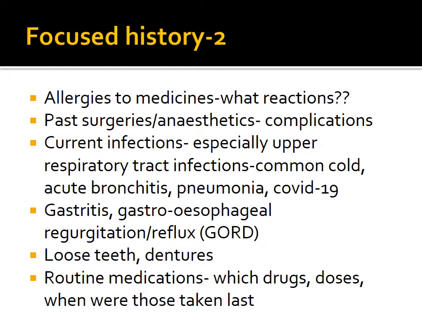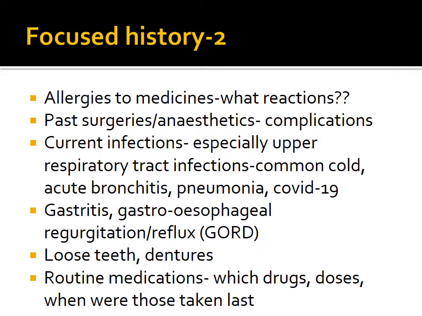Otherwise, the patient can end up having an airway obstruction due to reflux, which can cause even sudden death, or can cause hypoxia and serious cerebral ischemia, and could cause an aspiration pneumonia.